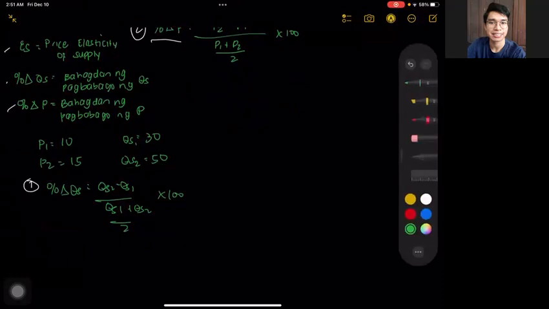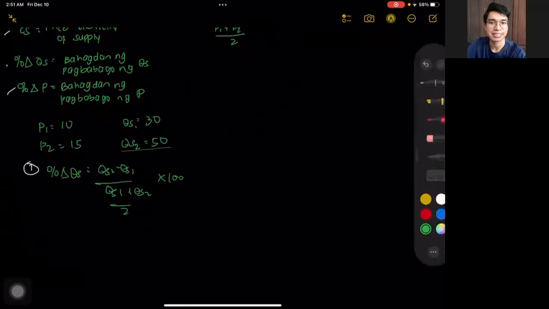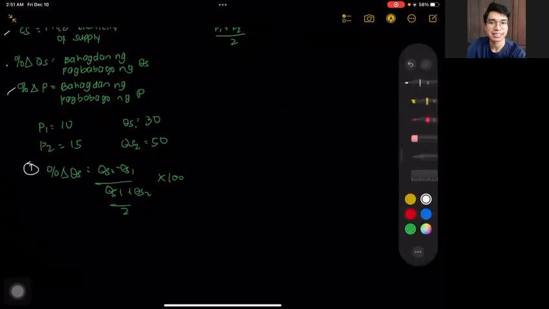Now, since we have the formula, pwede na po nating i-substitute yung value. So, according sa ating given, ang QS2 po natin is 50, so pwede nating i-substitute ito dito and si QS1 ay dito.